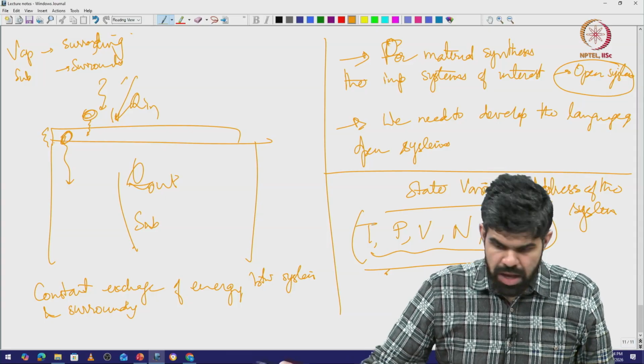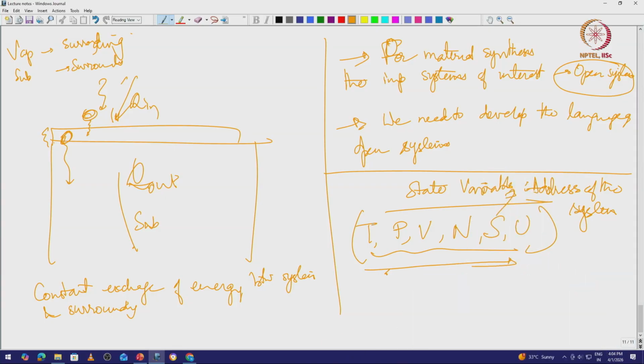What are not state variables? The work done on the system and the heat that the system is exchanging with the surroundings. We will quickly look at what work done and heat are, but they are not state variables.